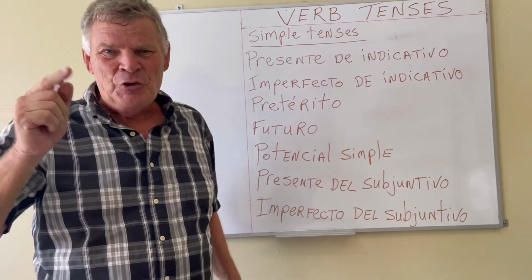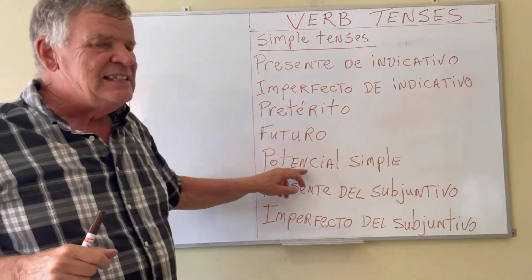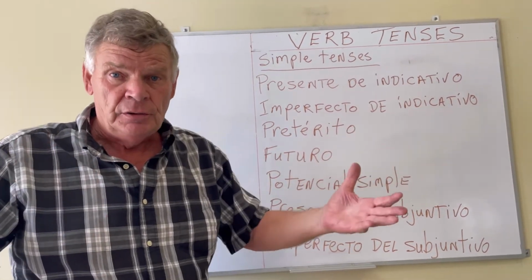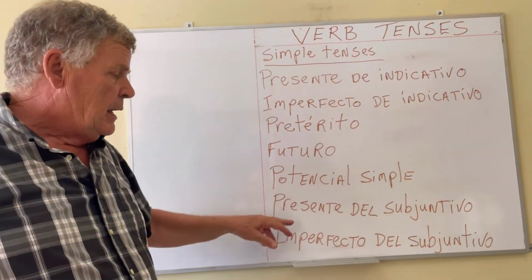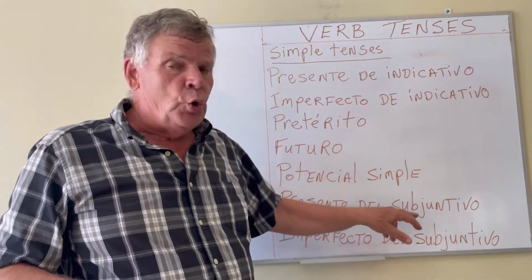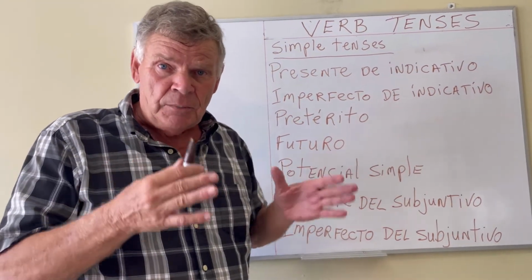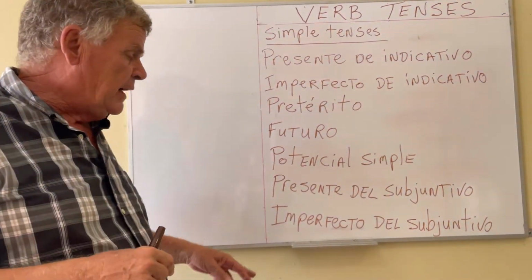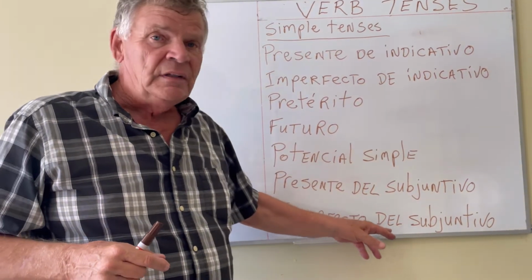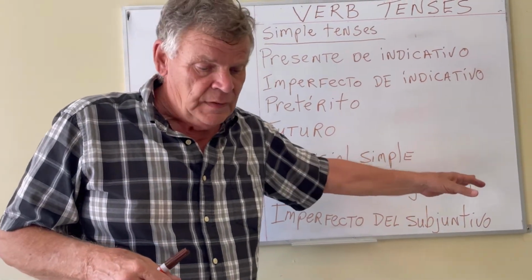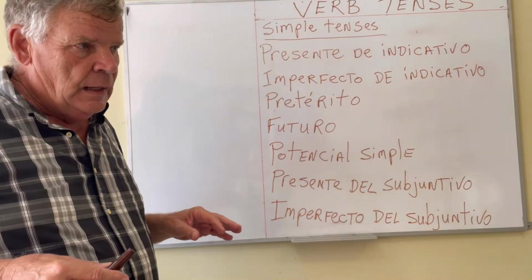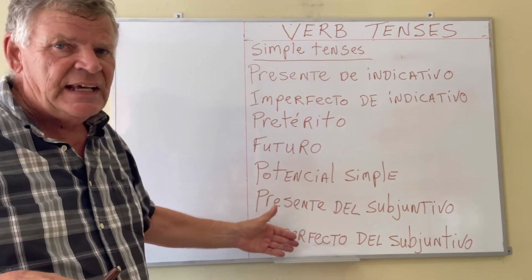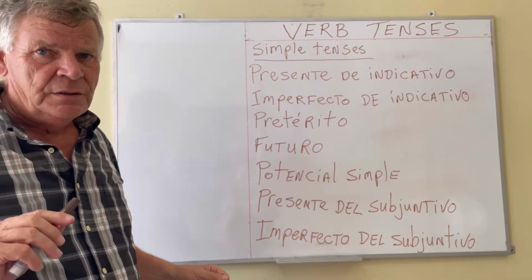You're right, future. Potencial simple. In English we say conditional, okay? Conditional. Presente del subjuntivo, okay? Subjunctive present, and finally imperfecto del subjuntivo. So these are your 7 simple tenses in Spanish.